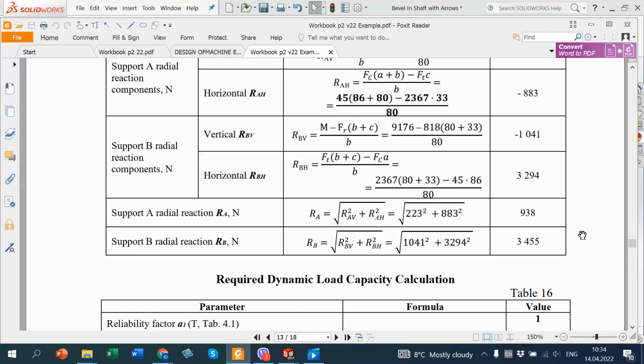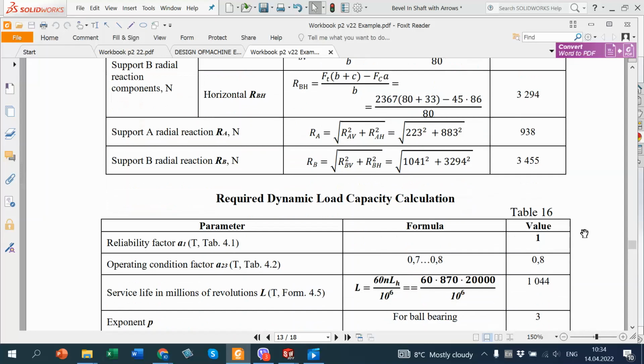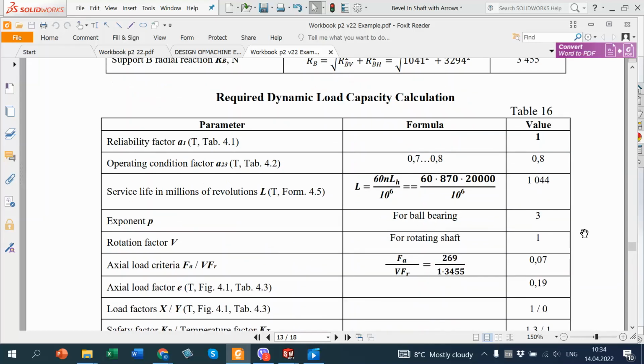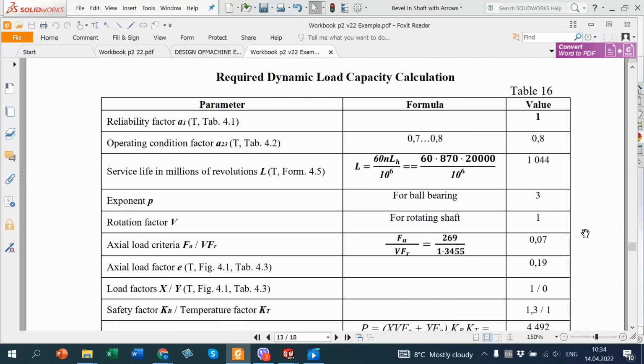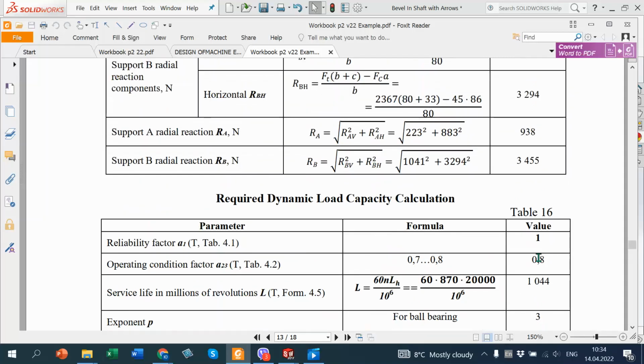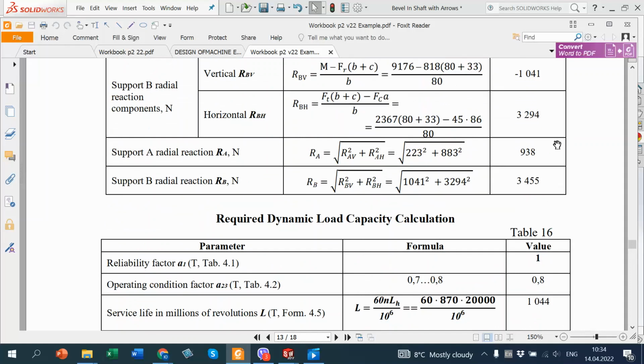Then required dynamic load capacity. First, we should know what formula we need. When we know load, by the way, when we considered and found loads, we can calculate separately for A and for B bearings.